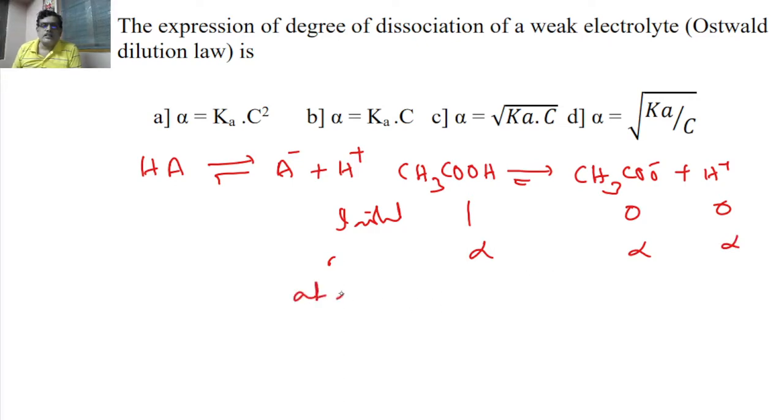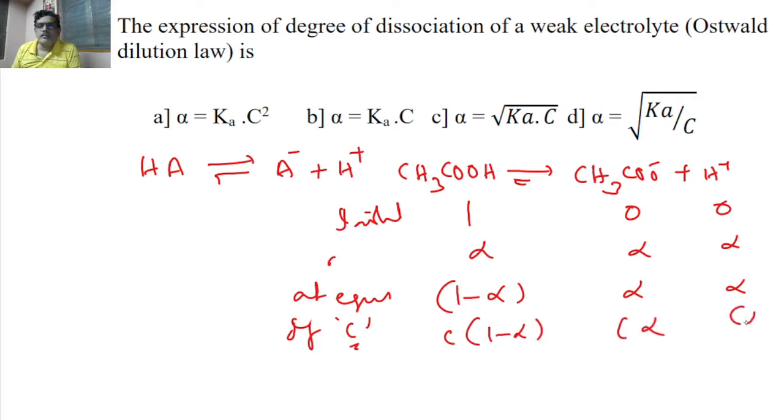So at equilibrium we have 1 minus alpha moles of acetic acid remaining, alpha of acetate and alpha of H plus. So if the concentration is C, like 0.5 molar or 1 molar, 2 molar like that, then you have to multiply C into 1 minus alpha. This will be C alpha and C alpha.